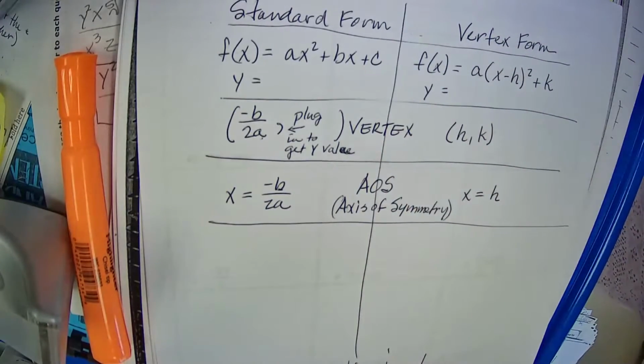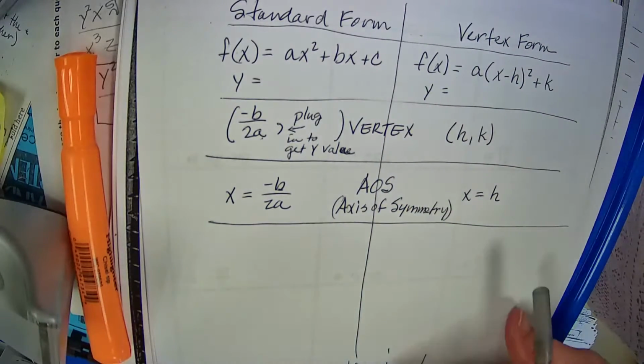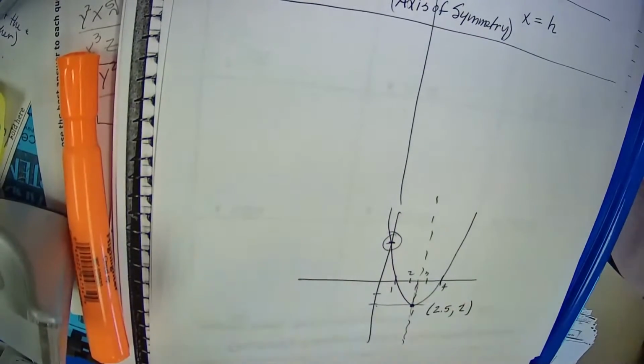Now, if you want the y-intercept, what's always true at the y-intercept? What's the x value always going to be? 0. It's always going to be 0. So you plug in 0 for x and you get your y-intercept.